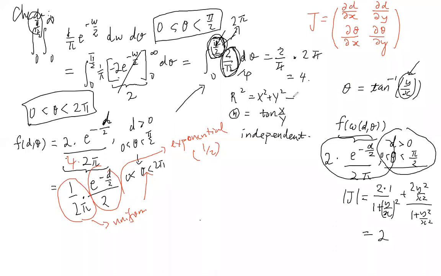This has an exponential 1 over 2 distribution, and this has a uniform 0 to 2 pi distribution. So this gives us a recipe to perform the following generation.